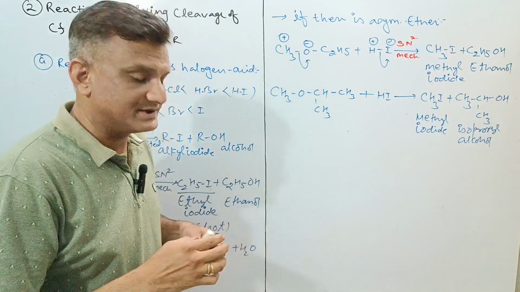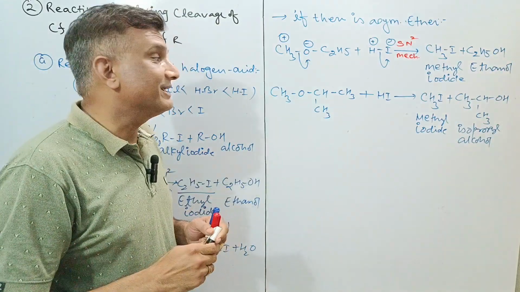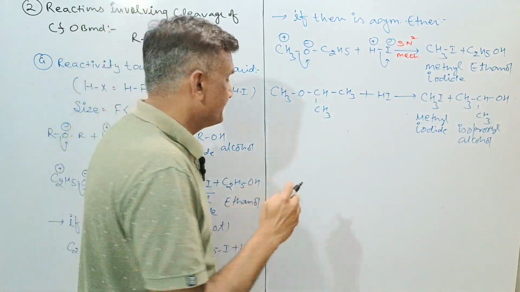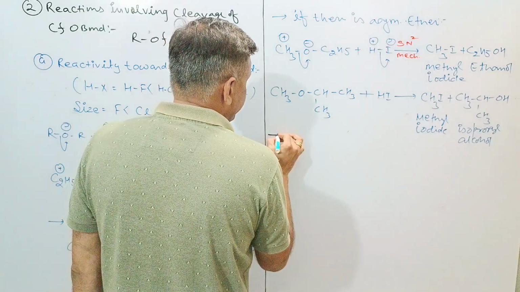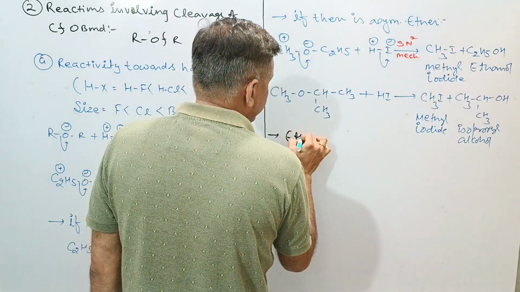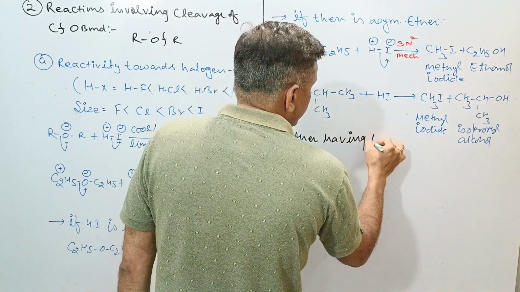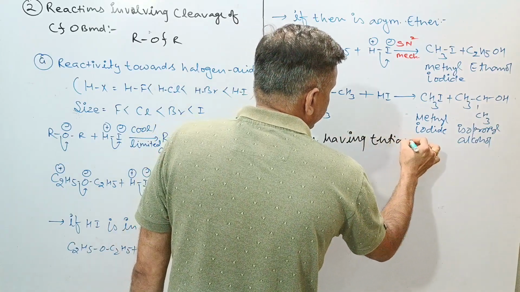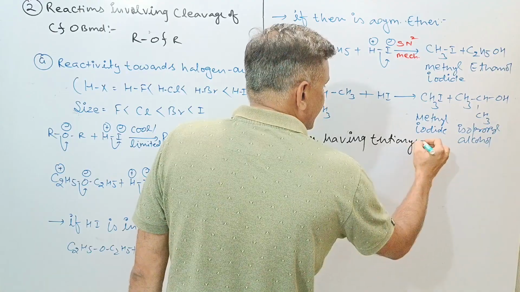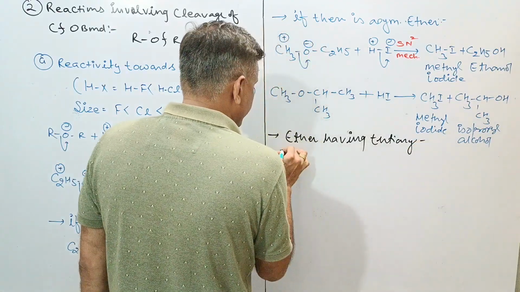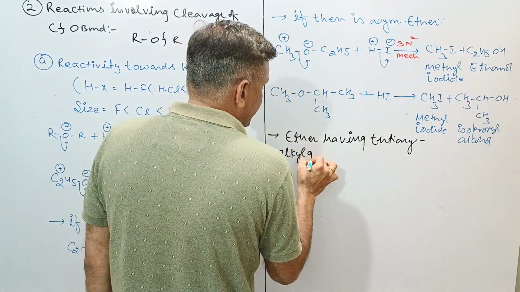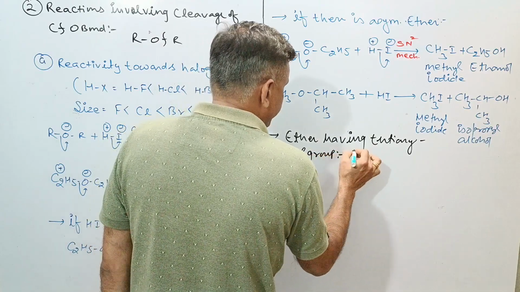But if we go with an ether having a tertiary alkyl group, then what will happen?